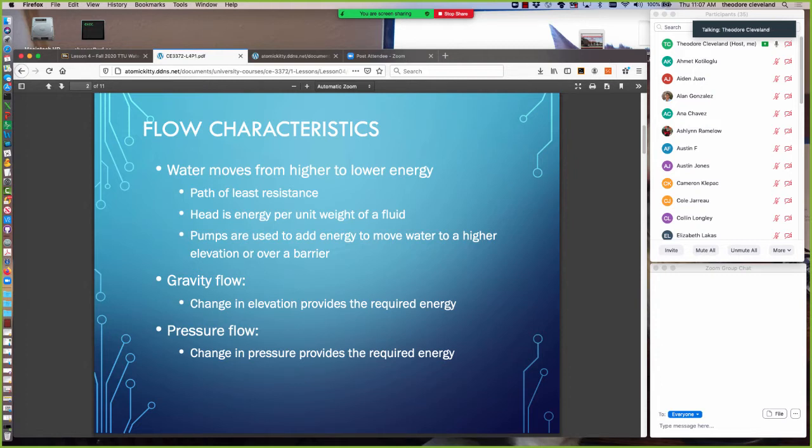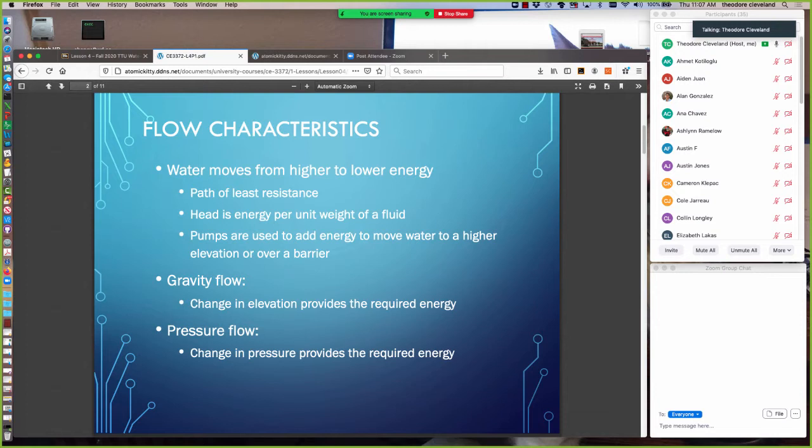The first flow characteristic to refresh our memory is water moves from high head to low head, unless there's a pump or other source of energy added to the flow system. The second concept is gravity flow, and this is where the energy for water to move is provided by elevation.